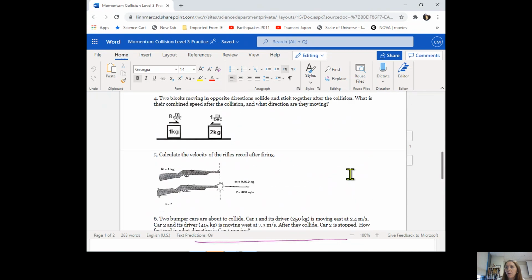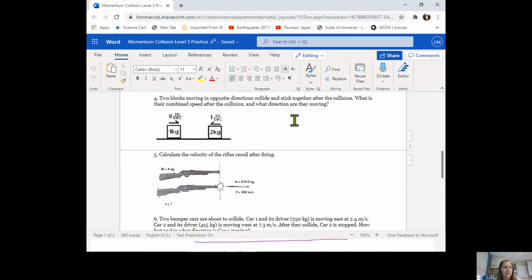We also want to do some practicing with solving our momentum, velocity and mass equations. So let's look at number 4 and let's solve. It's asking you to solve what direction and speed they are moving. So for this one, I want to make sure that everybody's on the right track here.